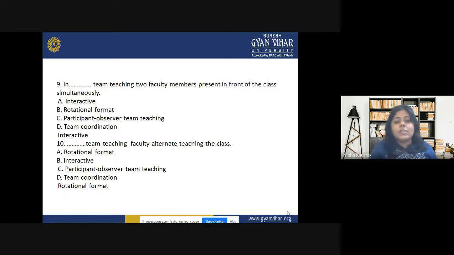So students, these are the options, and you have to select the correct one on the basis of the given choices. The correct answer will be option A, that is rotational format, the type of team teaching strategy or technique where the faculty alternate teaching in the class.